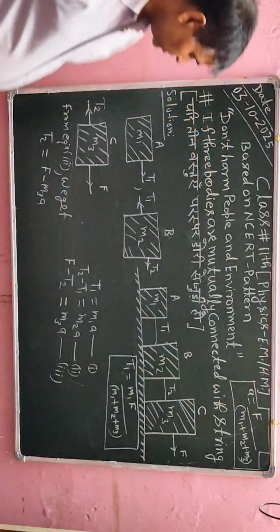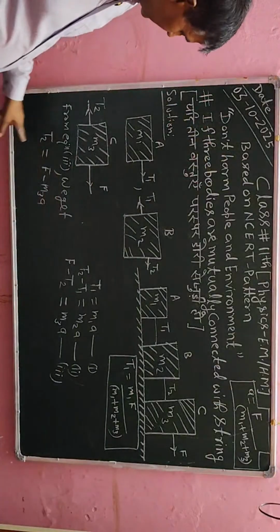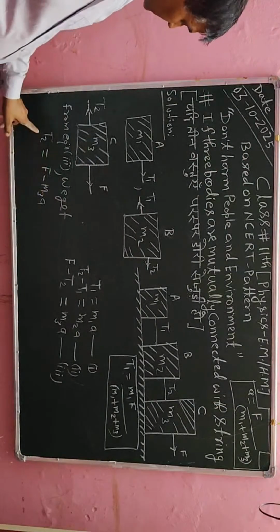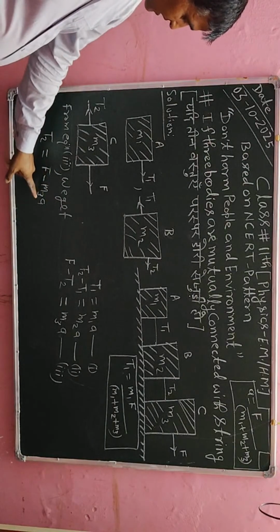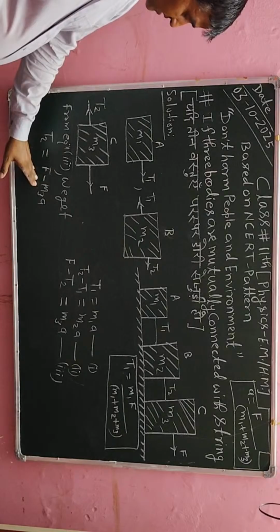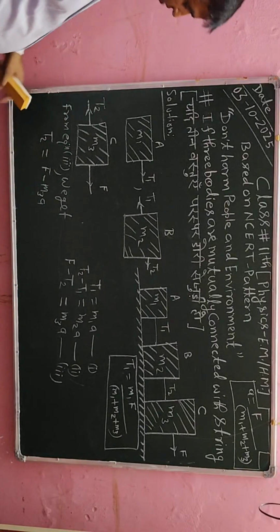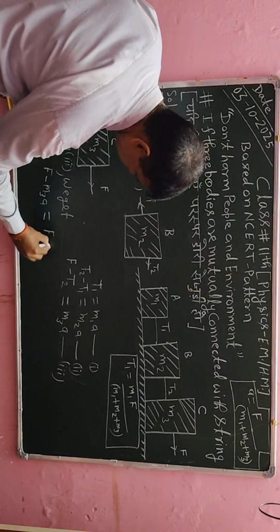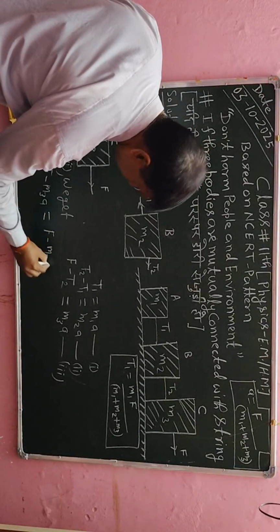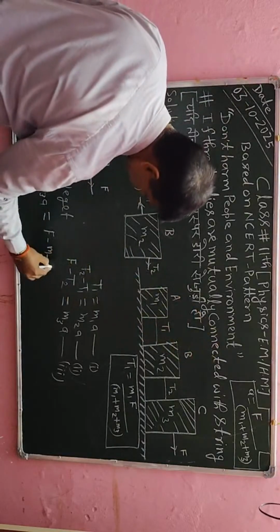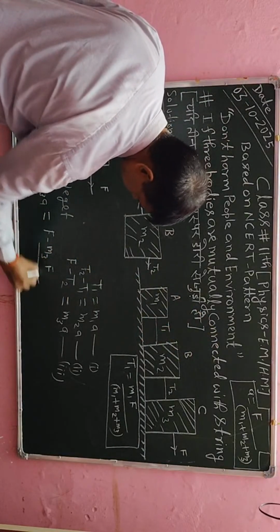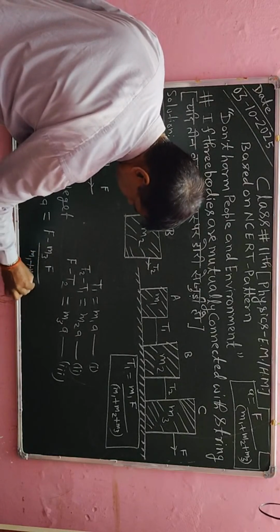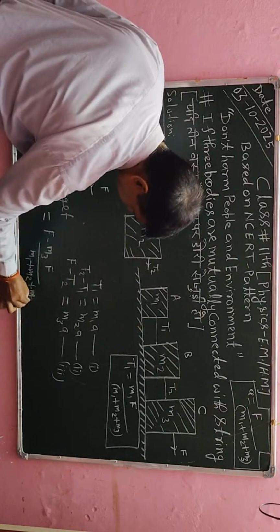Okay, now I will write from equation number 3. From equation number 3 we get T2 is equal to F minus M3A. Now in this I will put the value of A for its calculation. So here I will say F minus M3 into the value of A, which is F divided by M1 plus M2 plus M3.